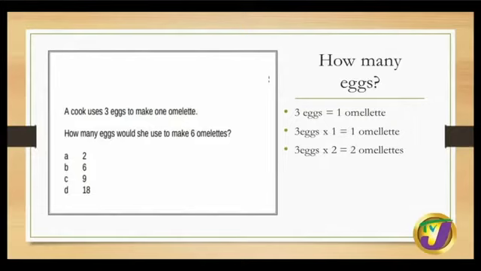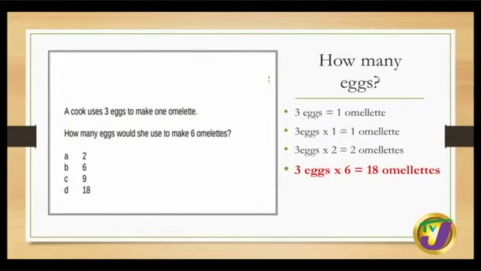So 3 eggs multiplied by 2 give me 2 omelettes. So every time I increase the number of omelettes, I can multiply by the number of omelettes that I want. I want 6 omelettes, I should say. 3 eggs multiplied by 6 will give me 18.